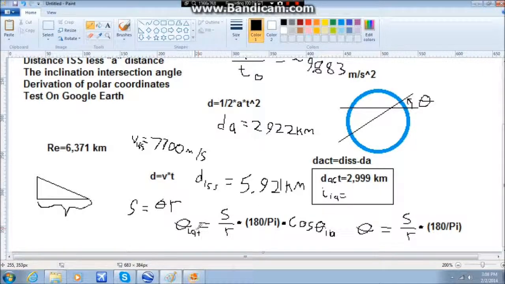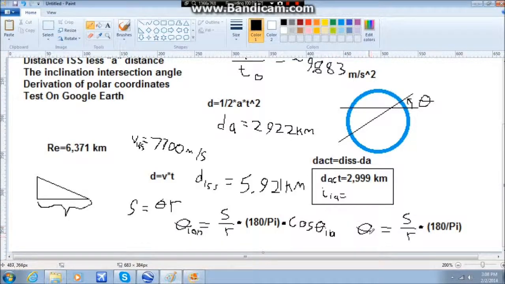Oh shoot, I'm sorry. That's not latitude, that's longitude. There we go. So now you know that cosine, when the inclination intersection angle is 0, all of the change will be in the horizontal because there's no angle. And therefore you have a longitude difference.